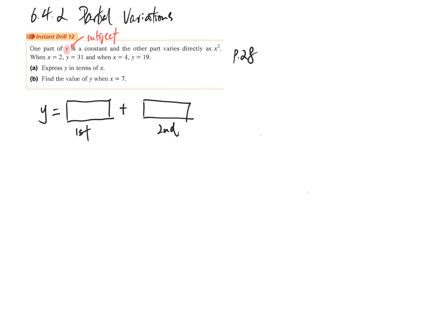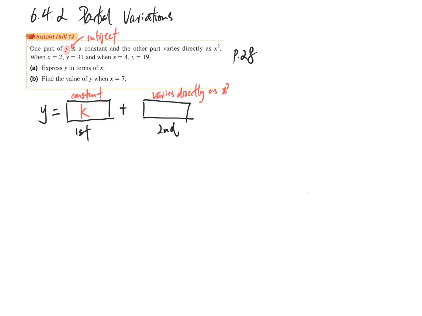If the first part is a constant, then what should we put inside the first box here? Perhaps you may know that we should put a constant k here to indicate that this is a constant. And the other part varies directly as x squared.